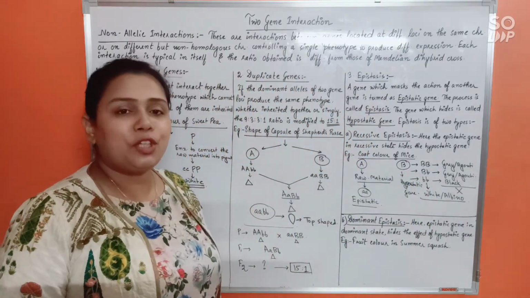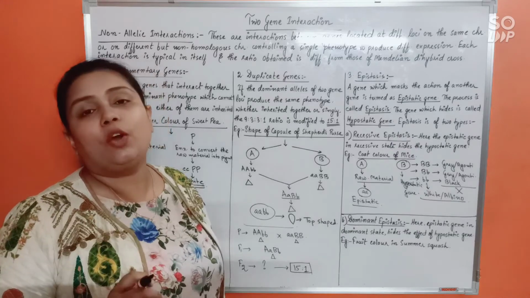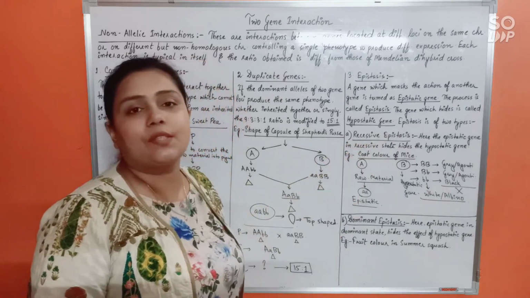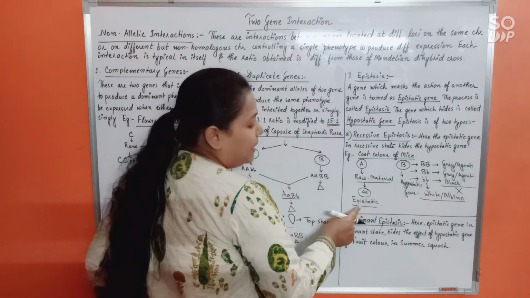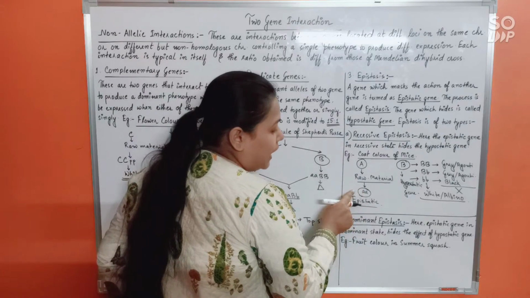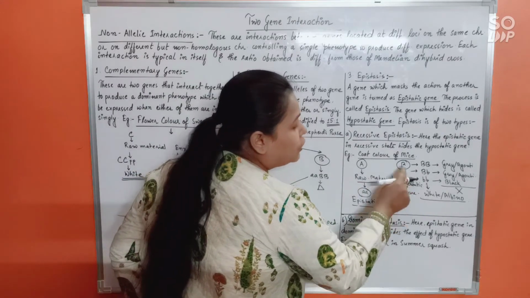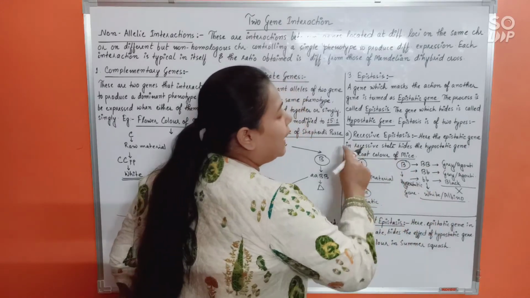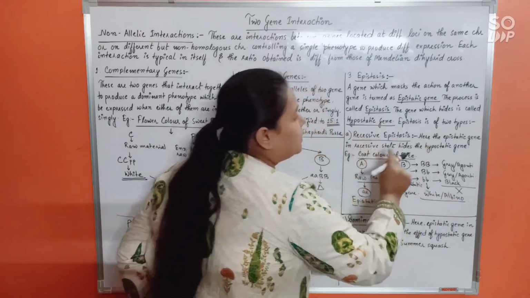Right? Understood? So that's what we call recessive epistasis. It means when the epistatic gene is in the recessive state, the hypostatic gene is not able to express itself. That's what is called recessive epistasis.